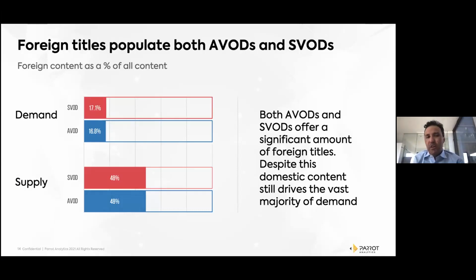A bit of a surprise we got here is that the amount of foreign titles is a lot higher than, at least, I thought we would see. It's close to 50% of the titles. And this is consistent across SVODs and AVODs, so it's pretty interesting. And the demand obviously is not as high as for domestic content, but it still provides an important element.